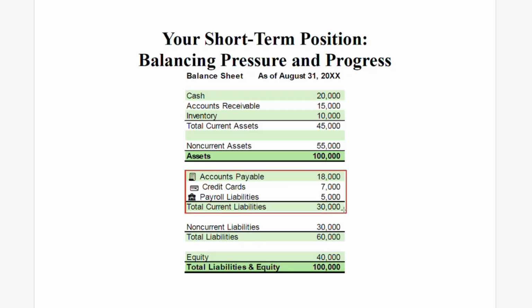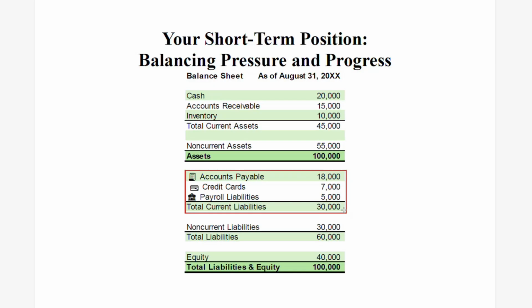So let's just sort of recap. Current liabilities represent those short-term liabilities. They're due within 12 months. And if these are stated correctly, they are going to really help with cash flow management.